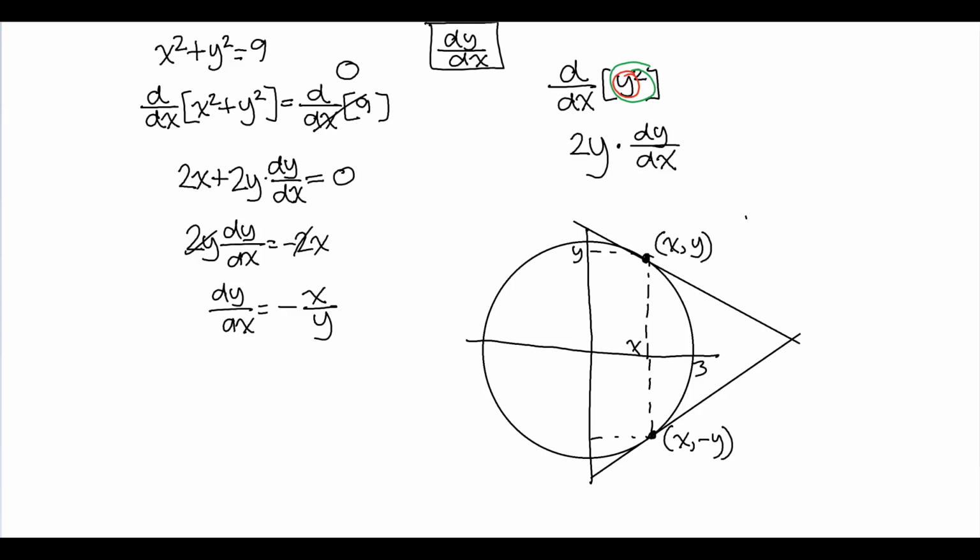So we're going to do a couple of examples. We're going to do the function x cubed plus xy minus y squared equals 8.